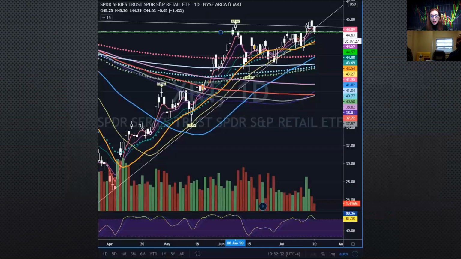All right, so we have an example of XRT. XRT has been one that's had a crazy short squeeze, but we have the cup right here, right? And then we have, actually I drew it over a little too far, but you guys know what I'm talking about. And so we'll say this line is, let's see, what's the price there? It's 39.97.